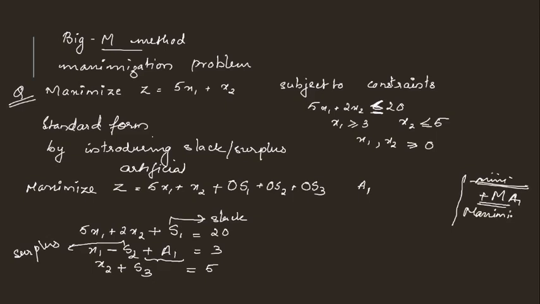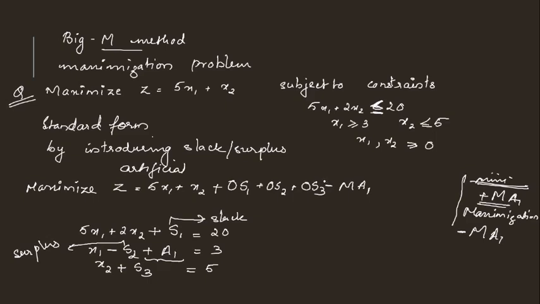Maximization problem, just the opposite. You should introduce this artificial variable, but with coefficient M that is subtracted. Okay, so minus M. Fine. So this is how you convert this into a standard format.